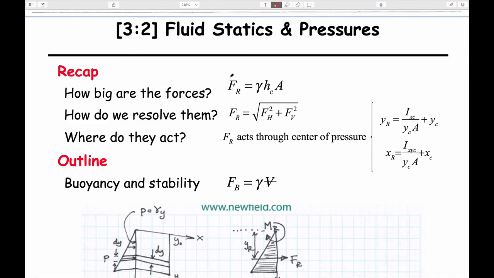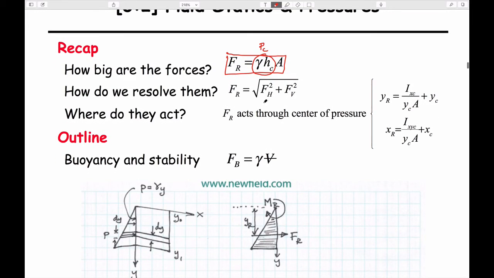We've said that the magnitude of the force always acts normal to the surface. It's equal to the pressure that acts at the centroid multiplied by its area. We can always resolve forces by just looking at the vector sum of forces, just Pythagoras.